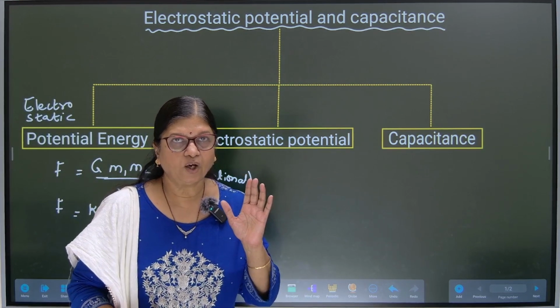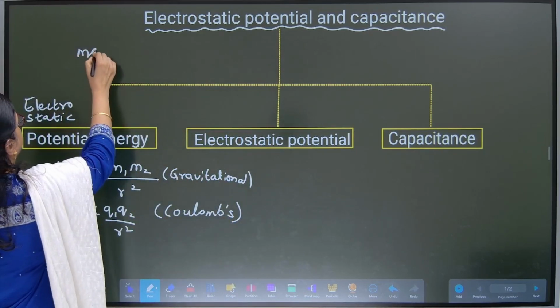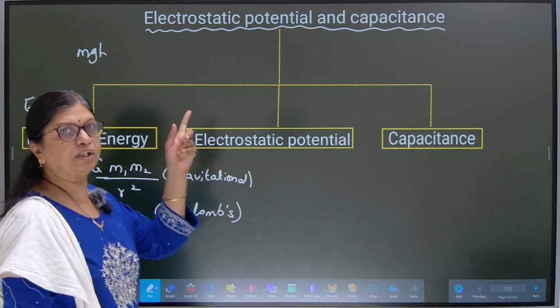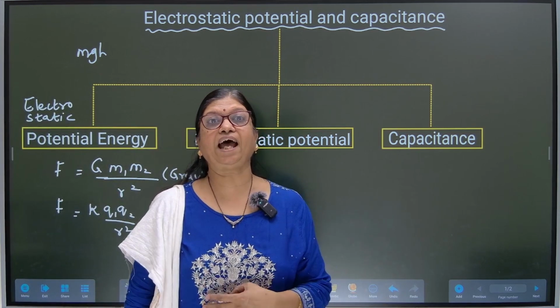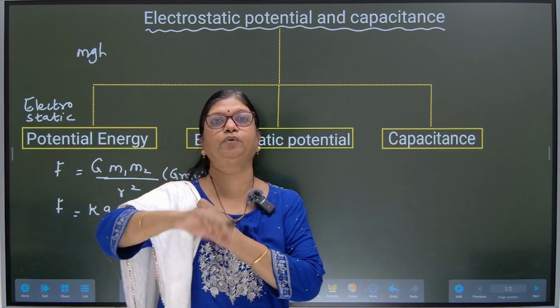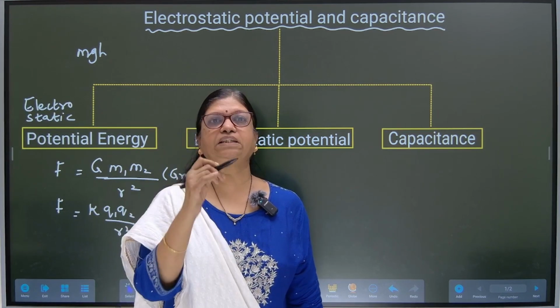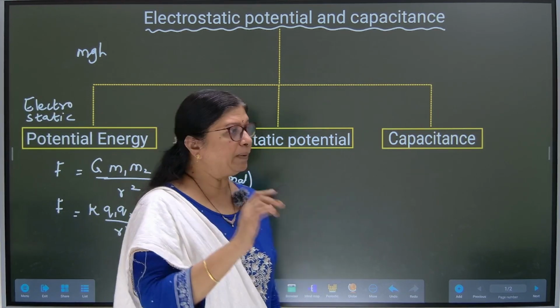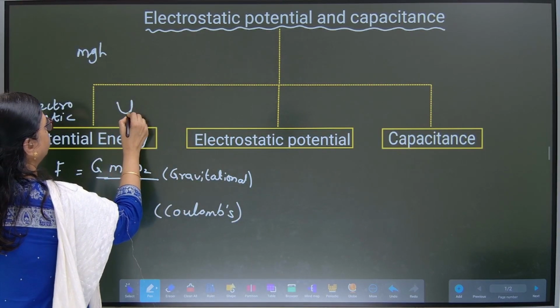Agree? Okay, the gravitational potential energy is given by mgh due to the gravitational field. Similarly, we must have an electrostatic potential energy, whose formula we will derive in this chapter. But at present, let us write it is denoted by U.